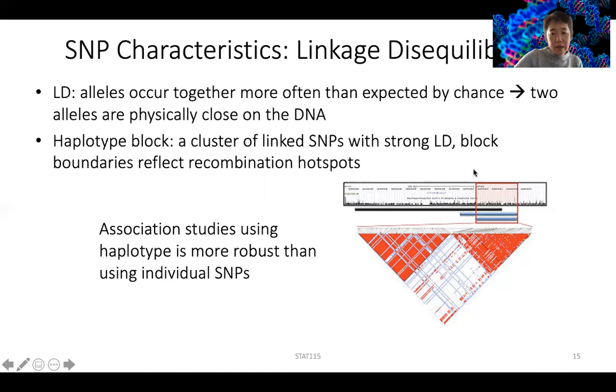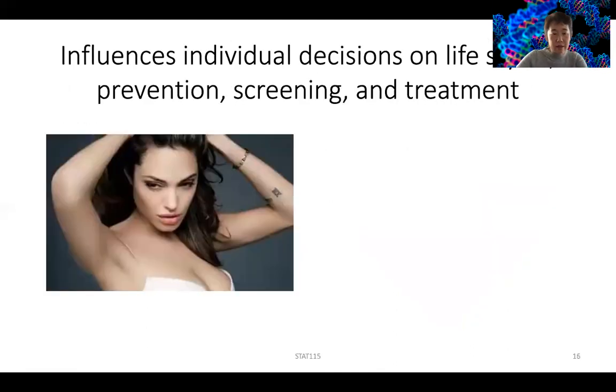And so basically, because we know within the haplotype blocks, the SNPs are kind of linked. If you know one SNP, you kind of know the other SNPs. So potentially later on, we will see with association studies using haplotype blocks, you can get more robust results than using individual SNPs. You can get stronger hits.